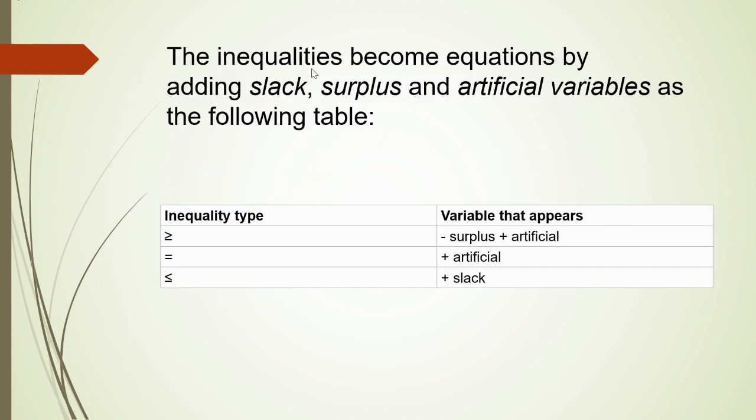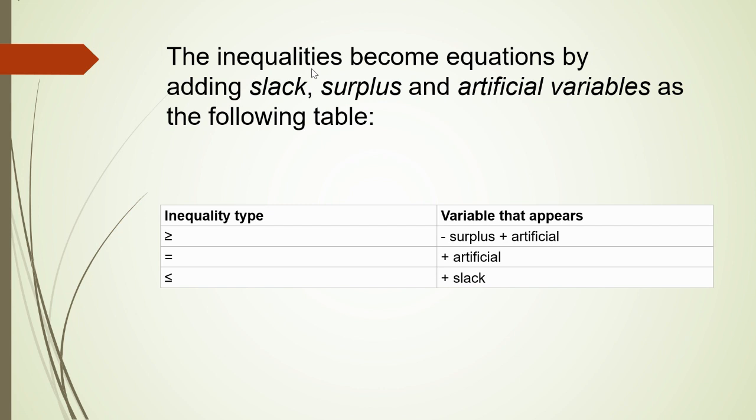The important part in the simplex algorithm is that the constraints will be given as inequalities, and depending on the inequality type, we will change the inequalities into equations. Here are the conditions to change the inequalities into equations. When the inequality type is less than or equal to, we'll introduce slack variables.